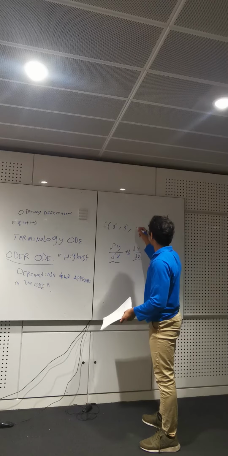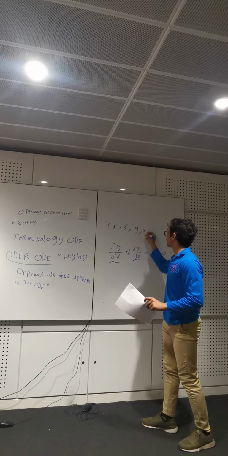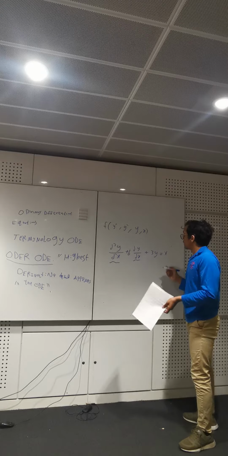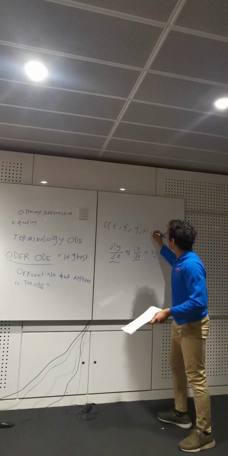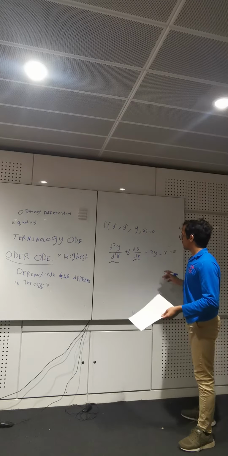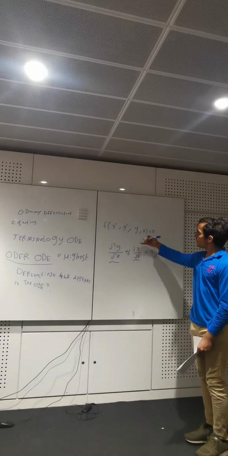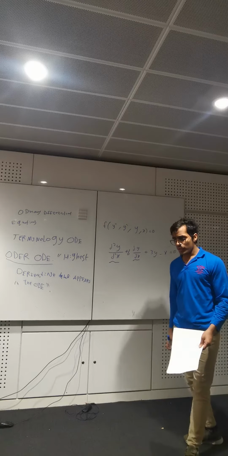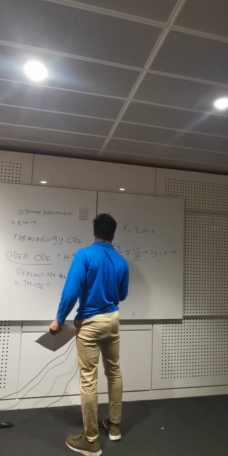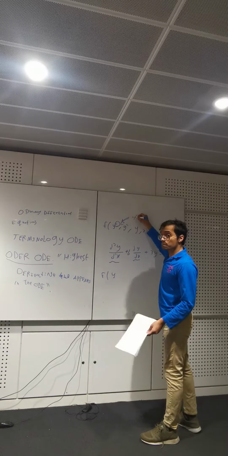It's also a function of y, and in some cases it can also be a function of x. For example, if we put the x on the left hand side and call the whole thing a function, we can say that it equals 0. So this is how we can write the ODE as a function, and from this we can know this is actually a second order ODE.